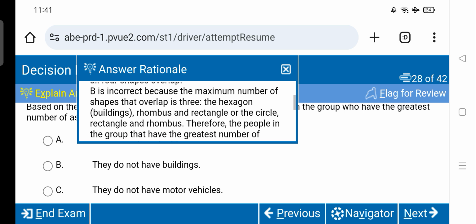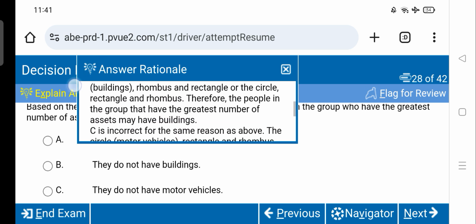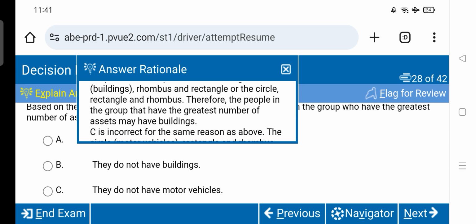The hexagon, rhombus and rectangle, or the circle, rectangle and rhombus. Therefore, the people in the group that have the greatest number of assets may have the buildings.